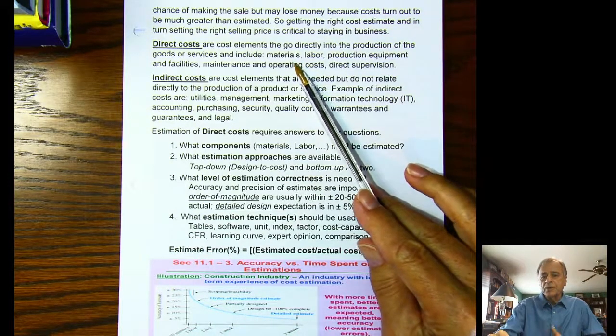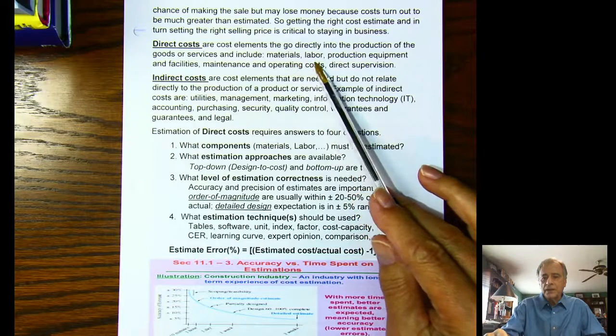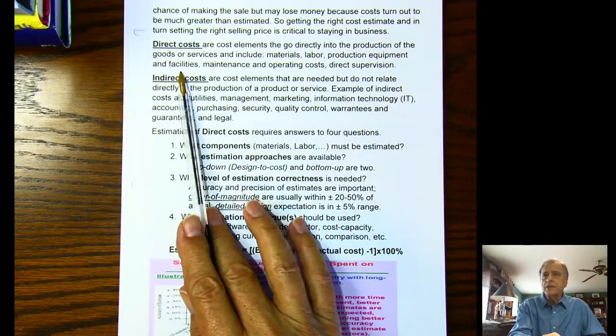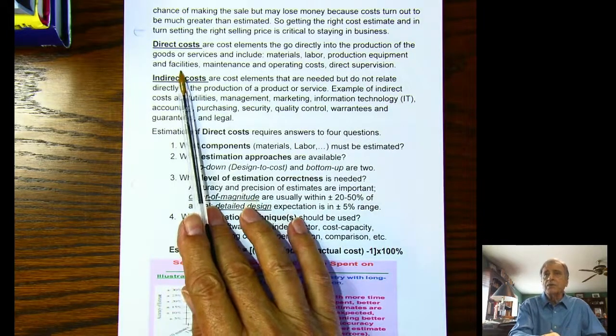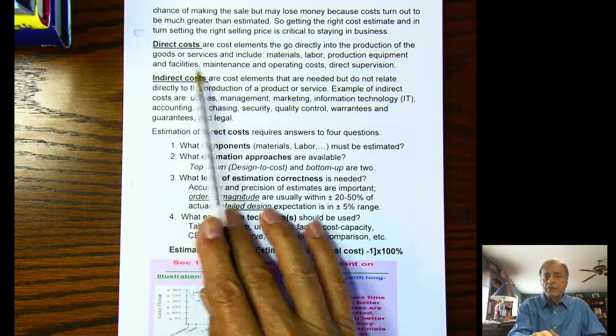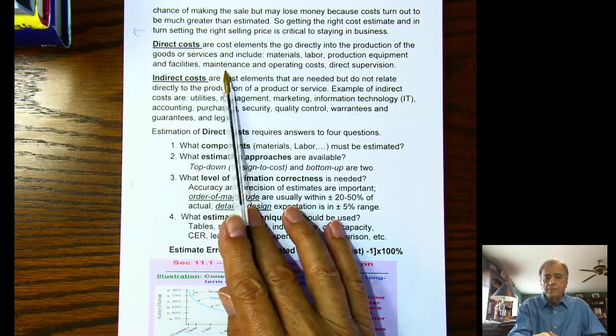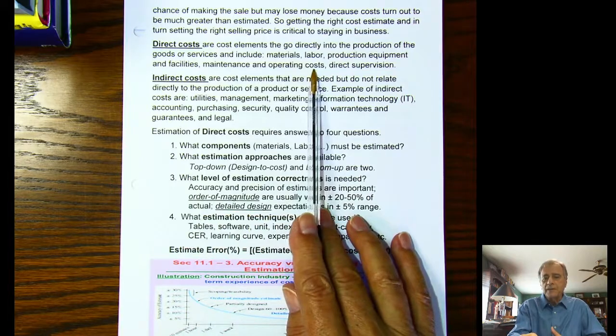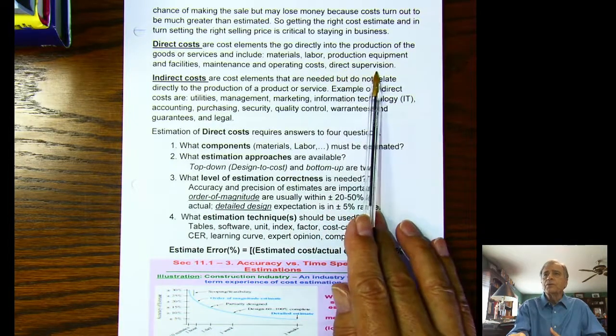Certainly, if you're making a product, the materials cost, the labor cost, production equipment and facilities. Those things are part of the direct cost of manufacturing. Maintenance and operating costs that we usually estimate, and direct supervision.